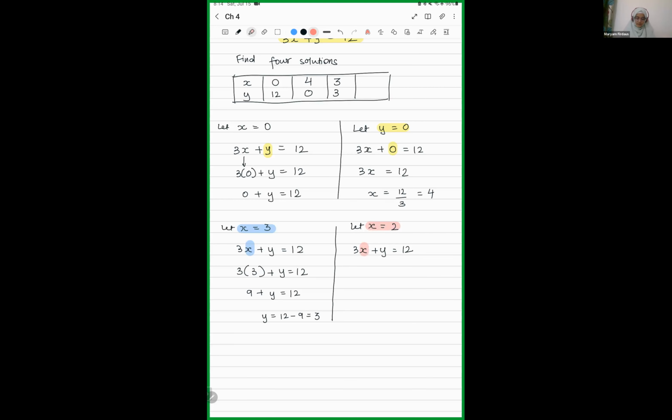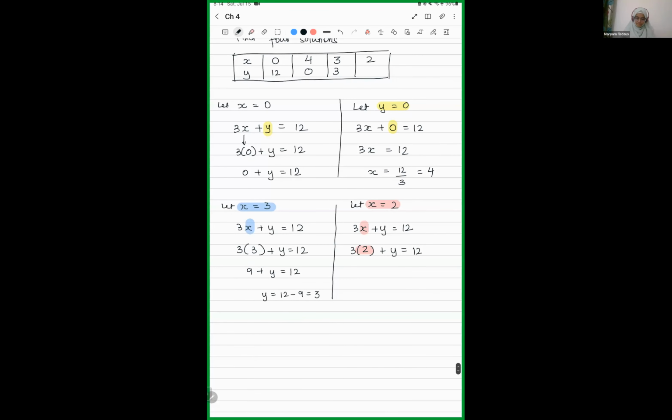So 3 multiplied by 2 plus y equals 12. 6 plus y equals 12. Then what is y? y is equal to 12 minus 6, which is 6.